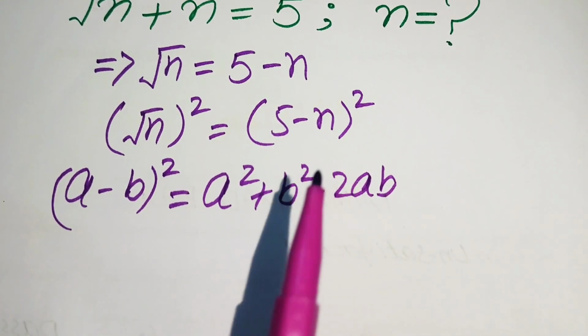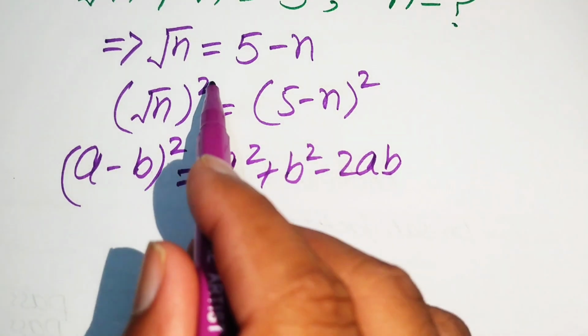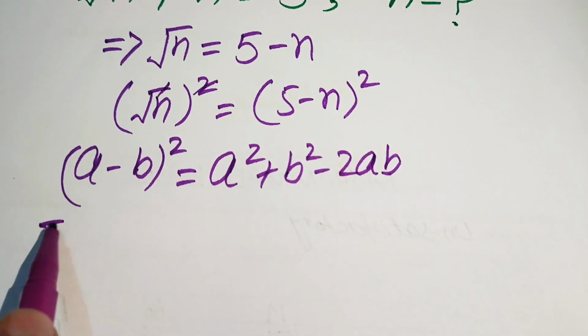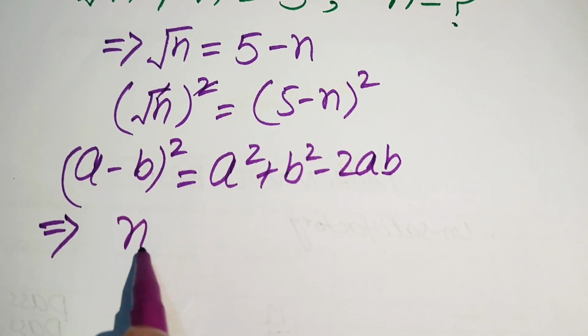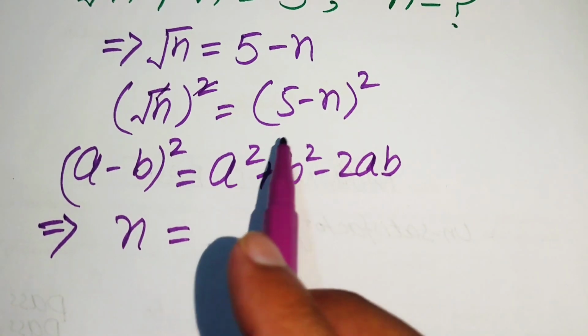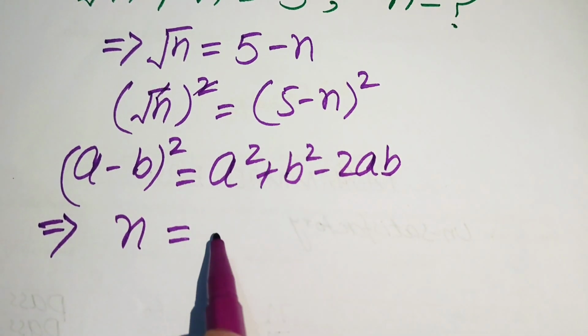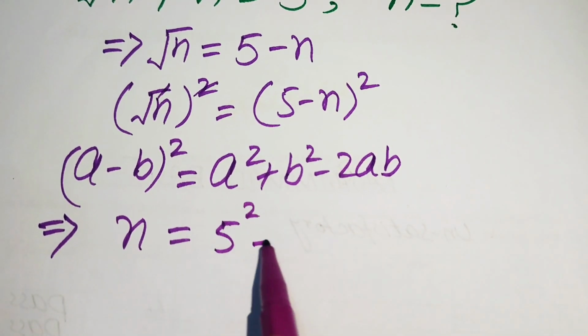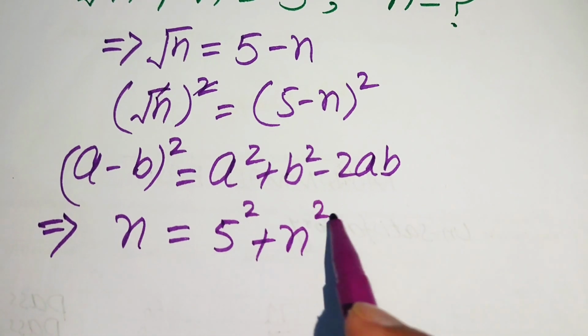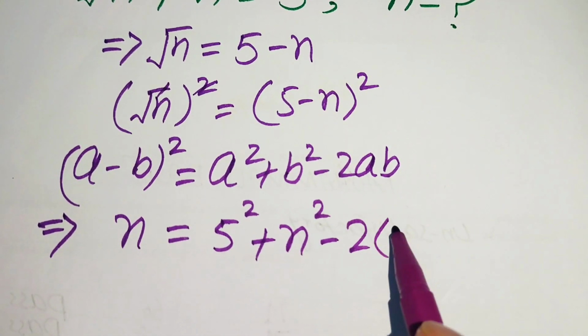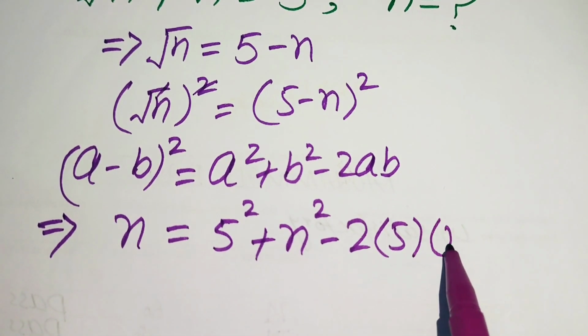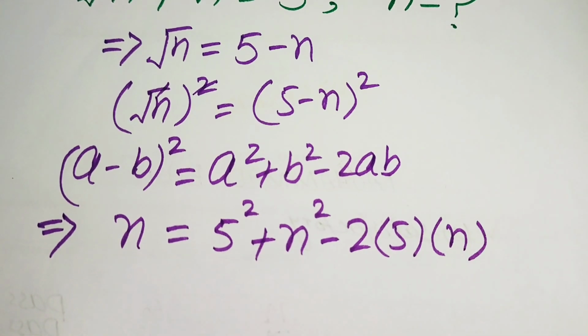So we use this nice formula to the right hand side, and in the left hand side these 2 and square root are gone by each other, and here we get n equals to 5 square plus n square minus 2 times of 5 into n.